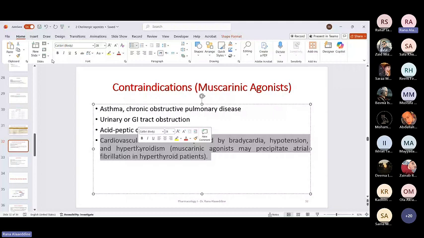Excessive sweating will happen, so a lot of secretions. Diarrhea will happen. The patient will feel pain in their intestines because they're moving very strongly. The person will feel more urination. The person will not be able to see clearly because of miosis and light not going into the eyes. Hypotension is going to happen.